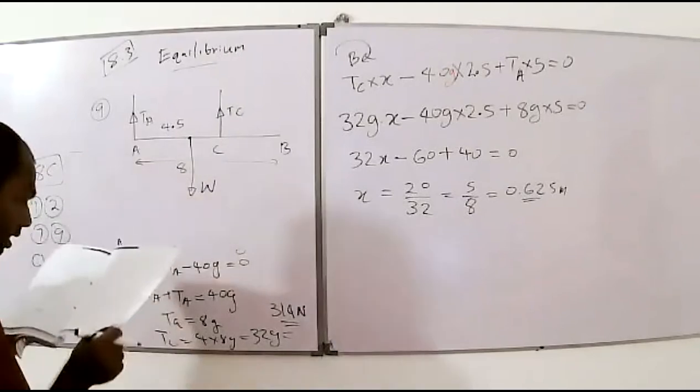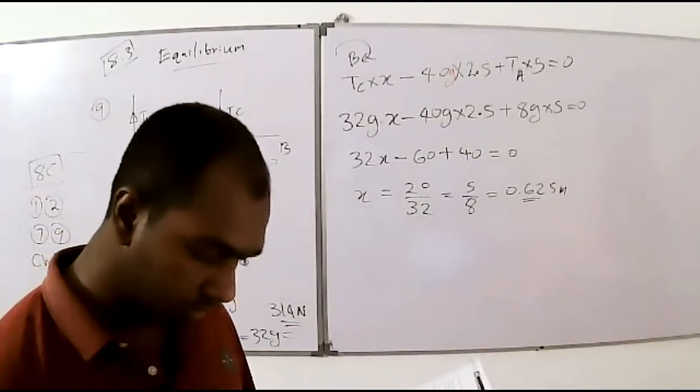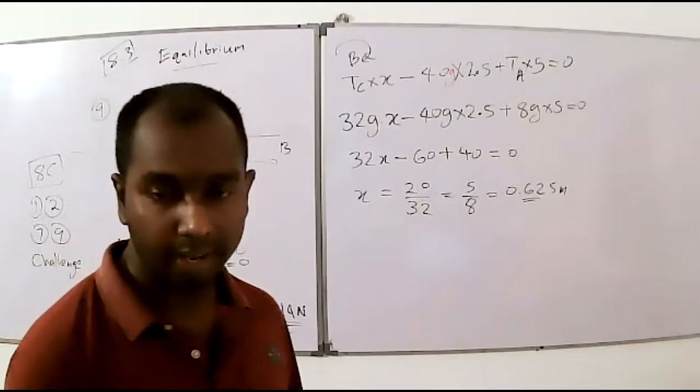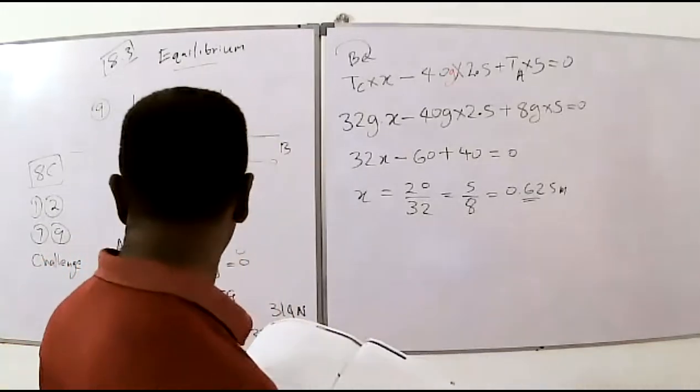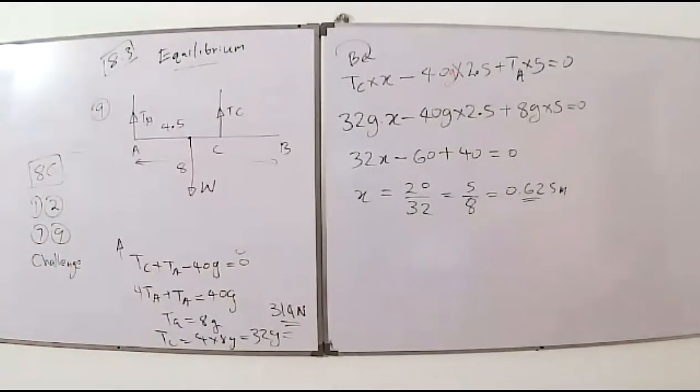Oh, wait. I think in question number 7, I did something very wrong. They say there is a particle attached to B, okay? So in question number 7, I think I missed something very terribly. I just saw it.